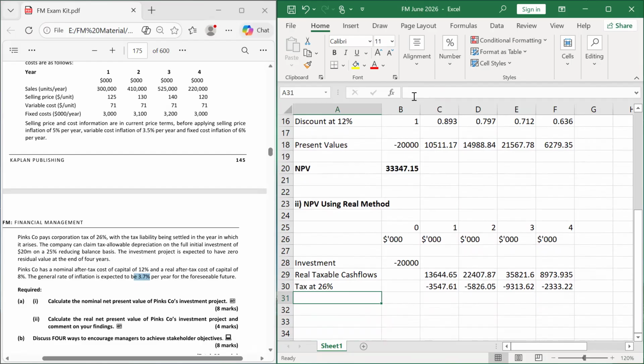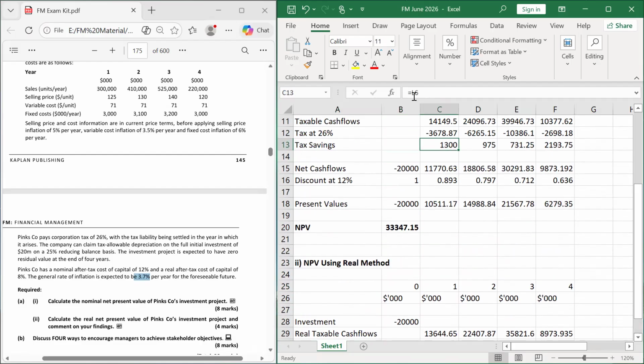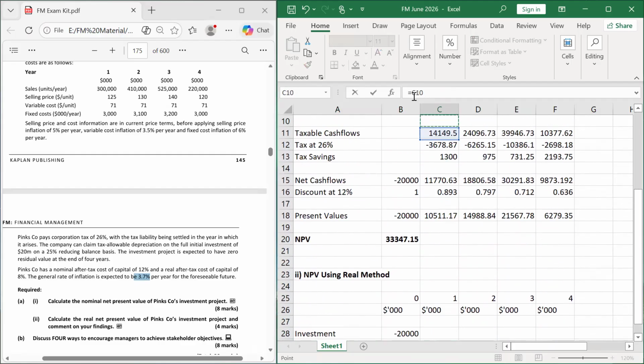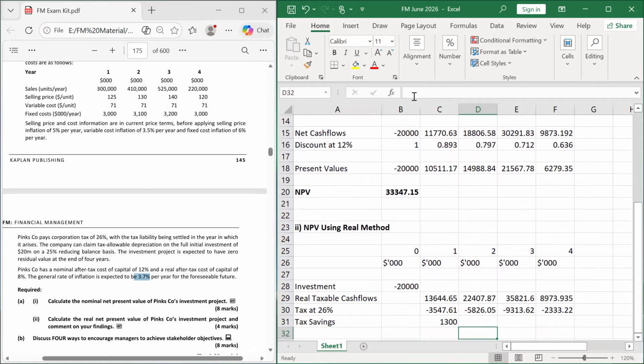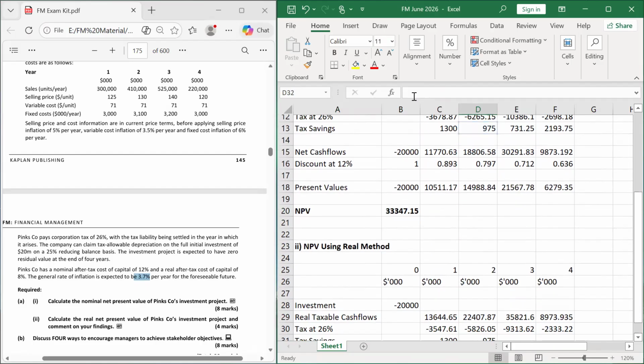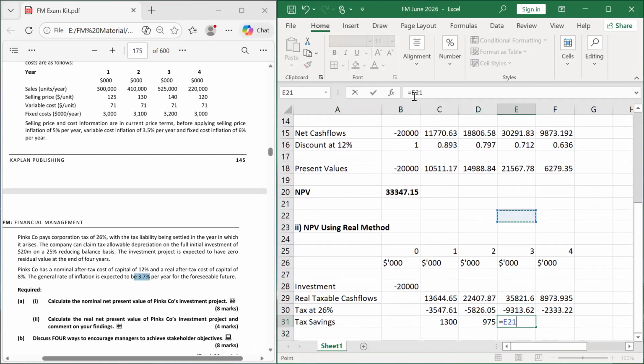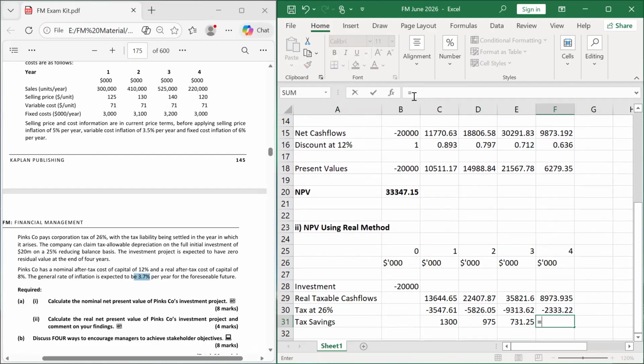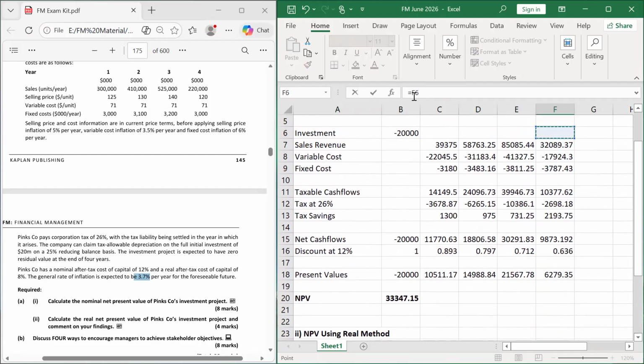Now tax savings are calculated in the similar way. So yes, you can just use the figures that you have used above. You can basically just link them: tax savings, link these figures, 975, 731.25, 2193.75.